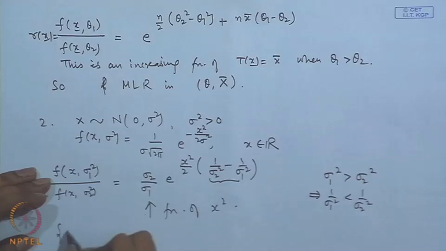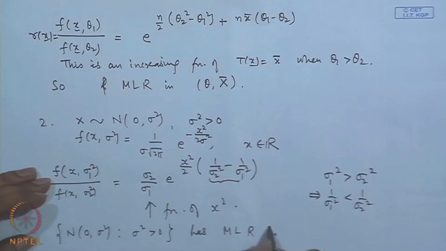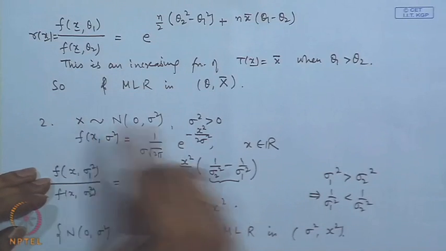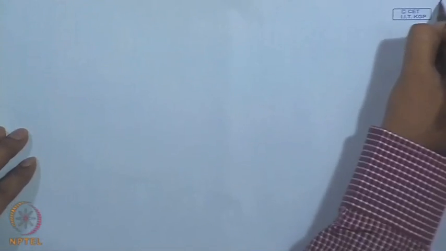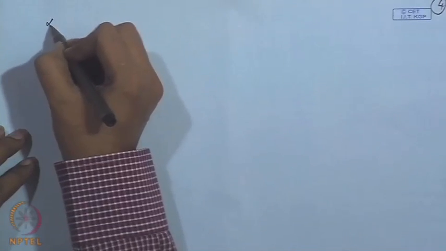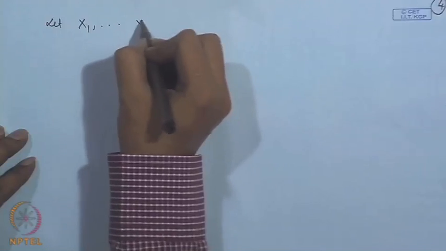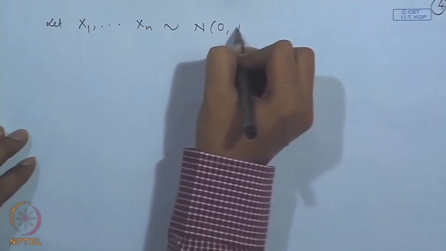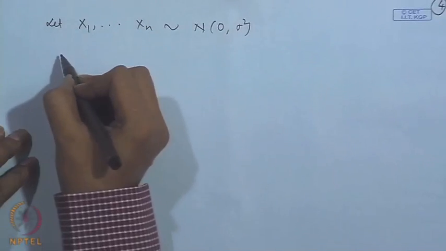So, this family of normal 0 sigma square distributions has monotone likelihood ratio in x square. Now, note here that suppose I take a sample here in place of x, let us take a sample say x 1, x 2, x n following normal 0 sigma square, and let us write the same thing once again.